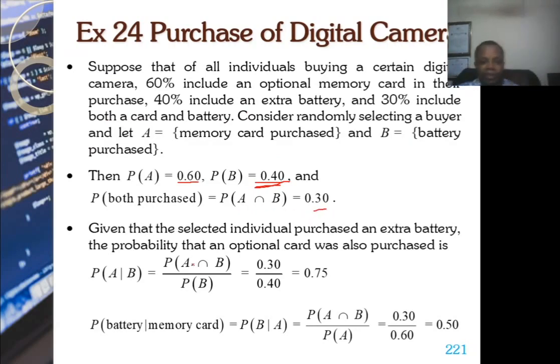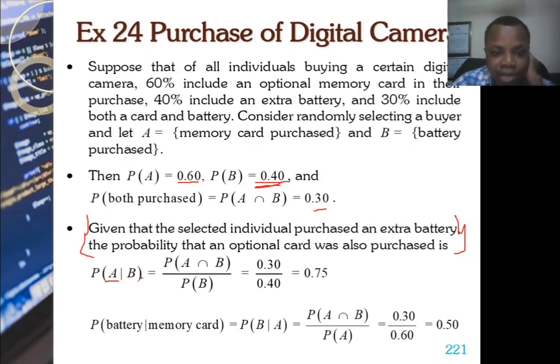Now, given the probability that an individual purchased an extra battery, the probability that an optional card was also purchased. So this statement is more or less like the probability that the person purchased an optional card, given that he also had purchased an extra battery. So this is the same as probability of A, given that he purchased B.